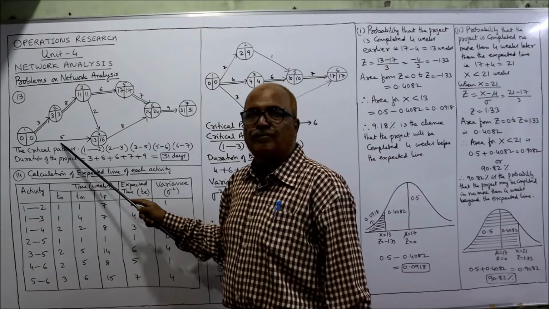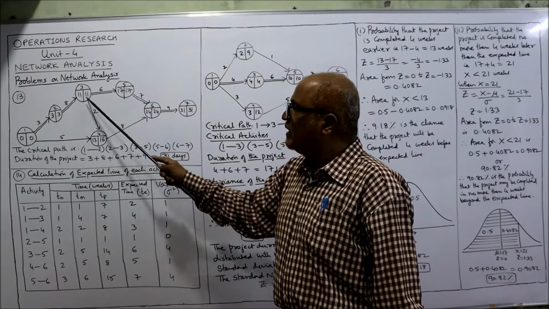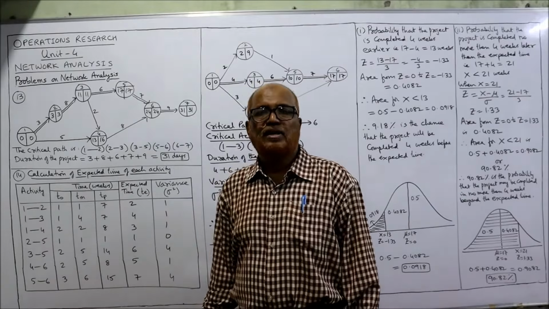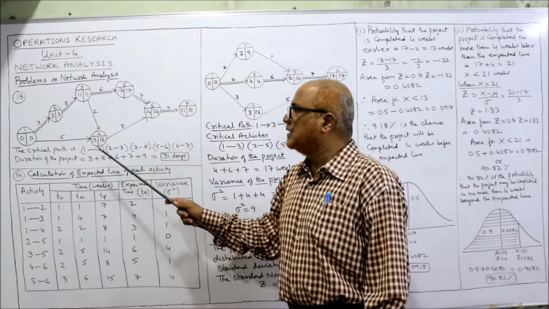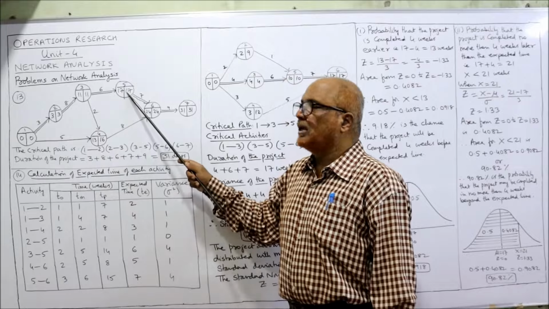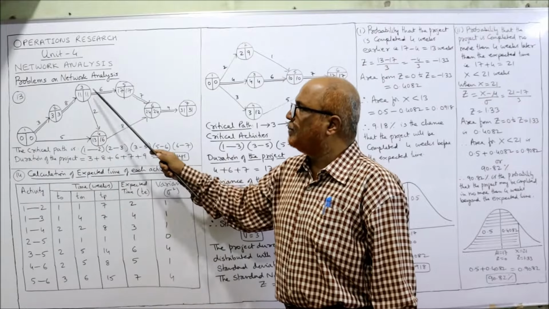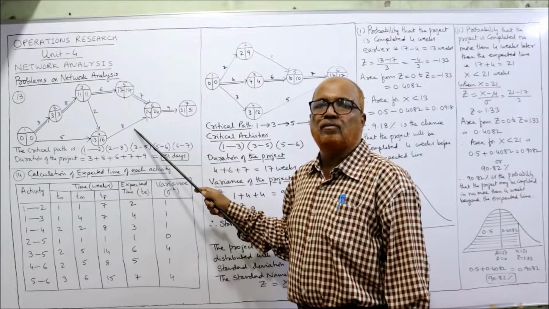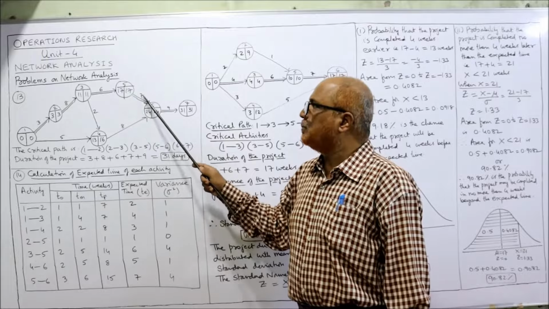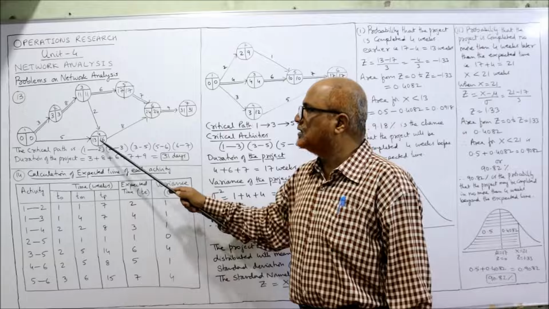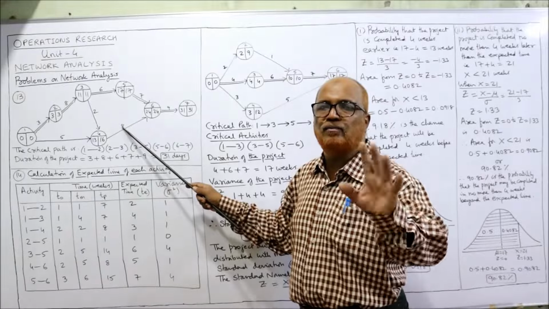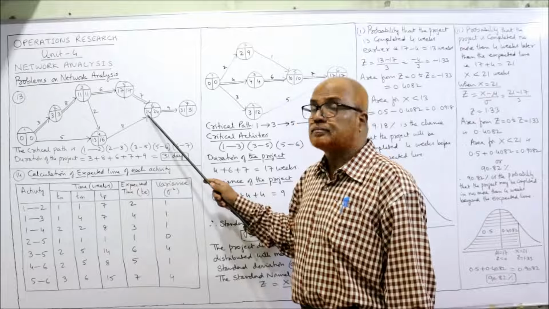0 plus 5 is 5, or 11 plus 2 is 13. Whichever is higher, the maximum, 13. Now here only one arrow is merging: 11 plus 6, 17. Here two arrows are merging, so again we need the maximum. 17 plus 7 is 24, or 13 plus 8 is 21. 24 is higher.